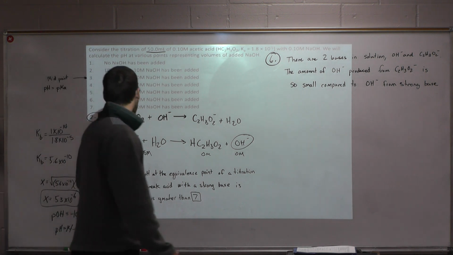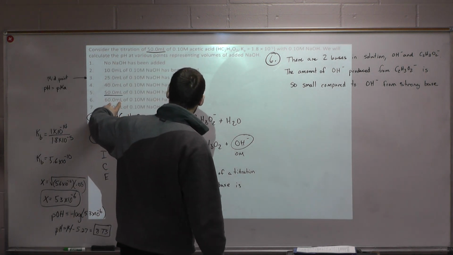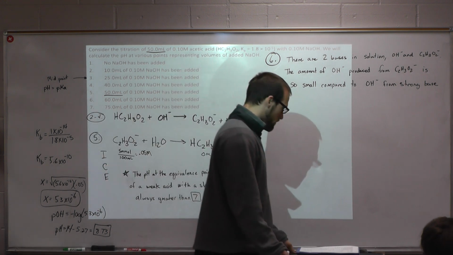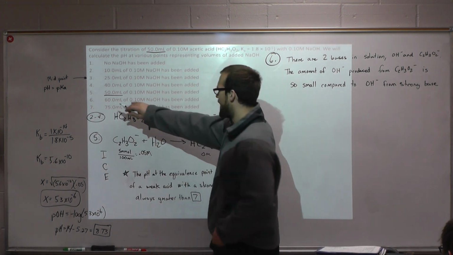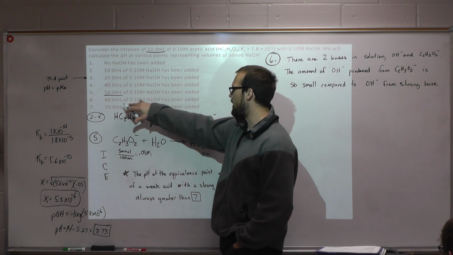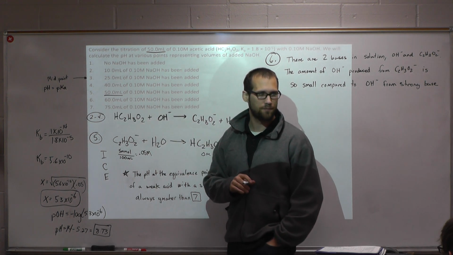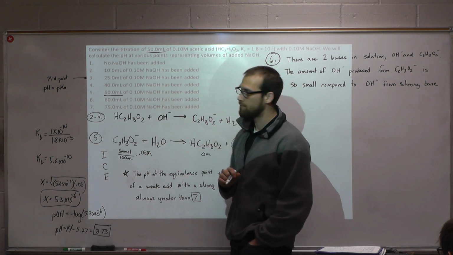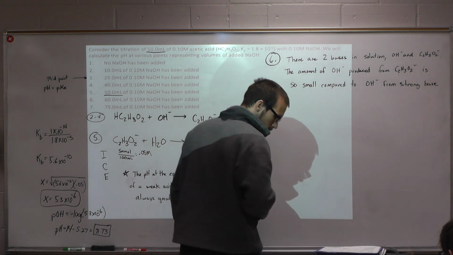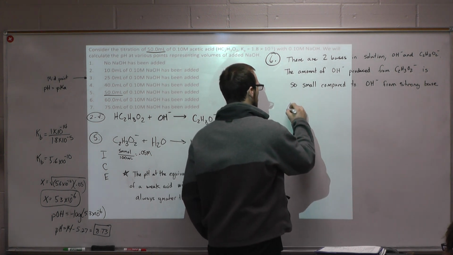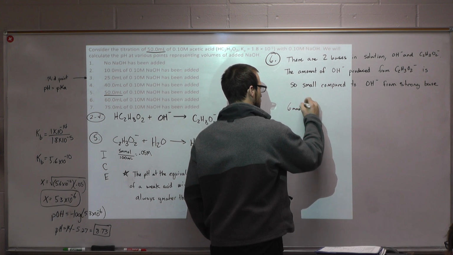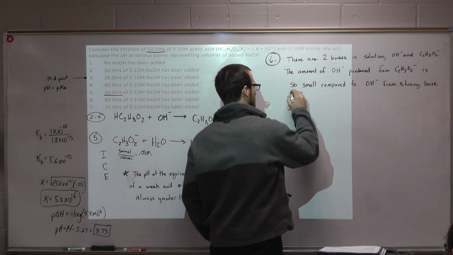Okay? If I add 10 more milliliters, okay, first off, how many millimoles of NaOH will I have if I have 0.1? 6, right? So I'll have 6 millimoles of OH minus.